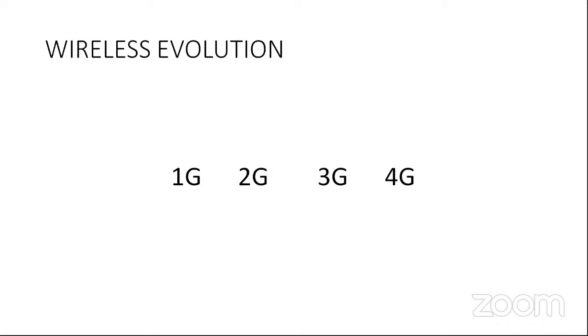I already explained 1G. 1G is used for broadcast communication, and after that the users needed one-to-one communication, which is called 2G communication. But the problem with 1G is that we are using a frequency-based system. If you have a high number of users, we cannot engage them. More users cannot be engaged in 1G.